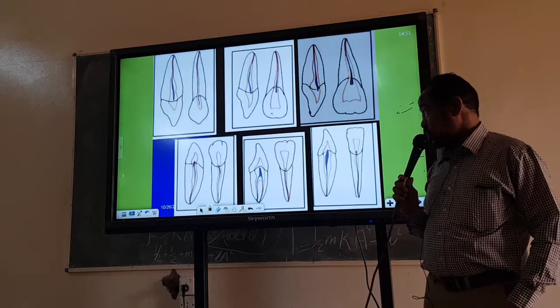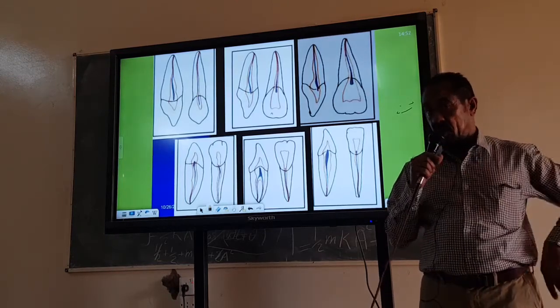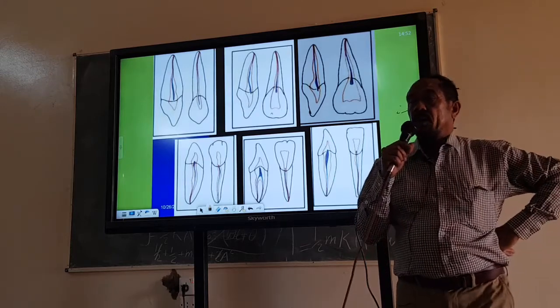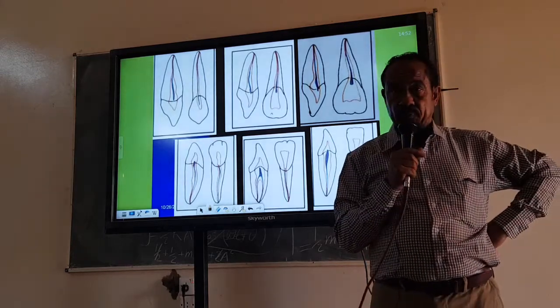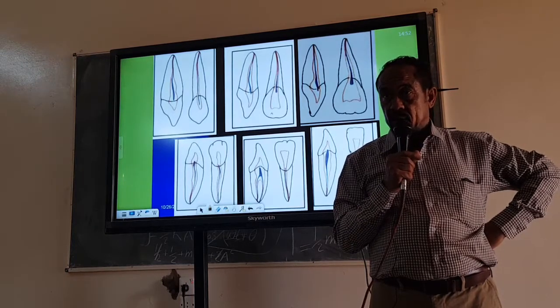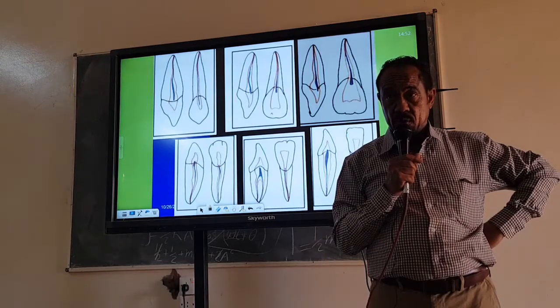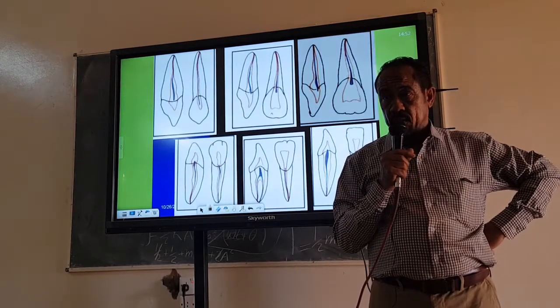Why are we very much concerned with the canal shape and the number of the canals? ليه يعني مهتمين بالموضوع؟ عشان نعمل RCT. RCT stands for root canal treatment.